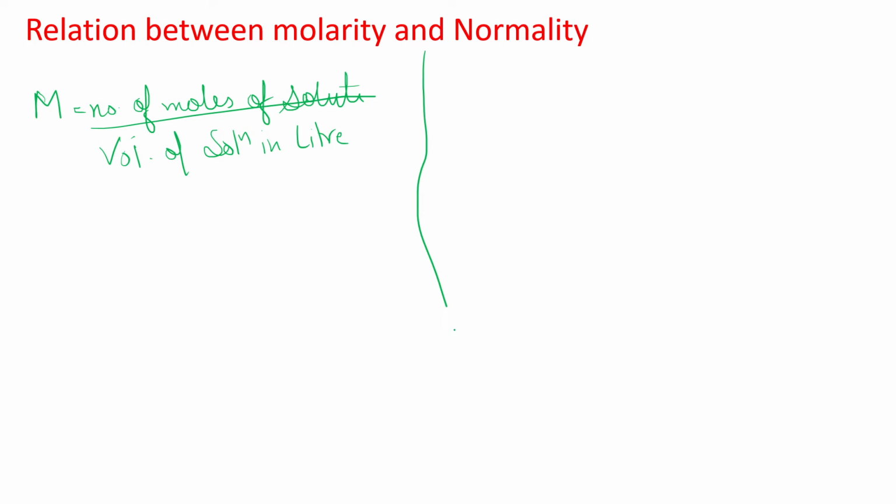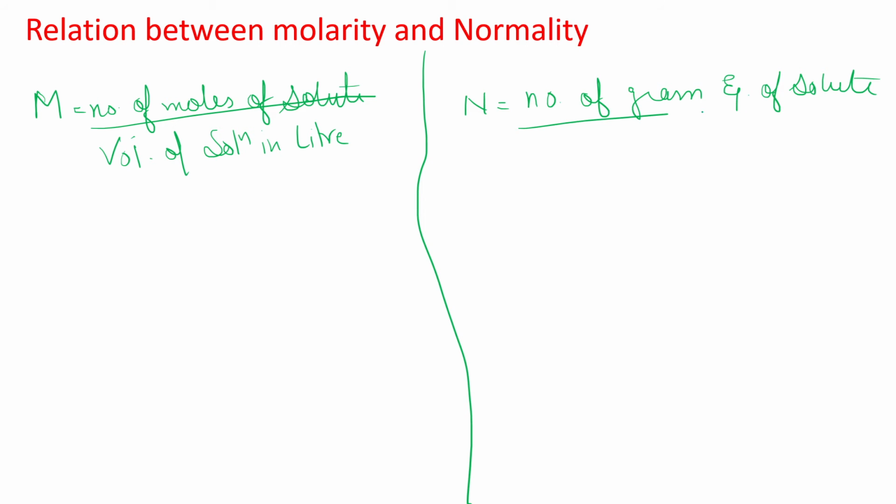Normality, on the other hand, is number of gram equivalents of solute divided by volume of solution in liter.